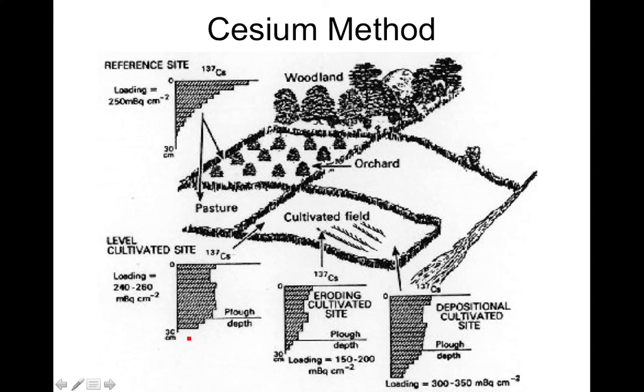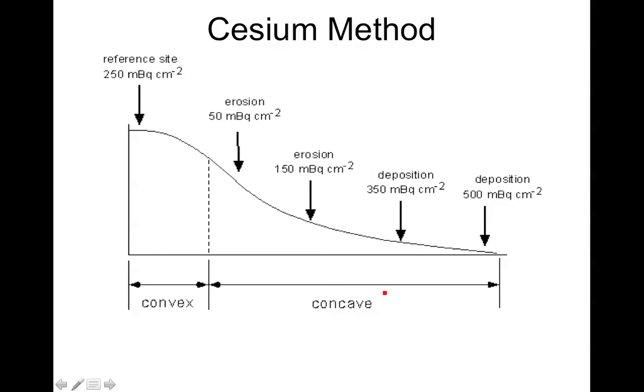and then a decrease beyond that. But in this part of the hill, we have an eroding slope, right? And so it's still cultivated, but we have a decrease in concentration down at the plough depth, which is suggesting that we've got a loss of material. And then at the bottom of the hill, we have increased cesium concentrations and then a decrease again, which is suggesting that we have deposition of soils down the bottom of the hill, right?